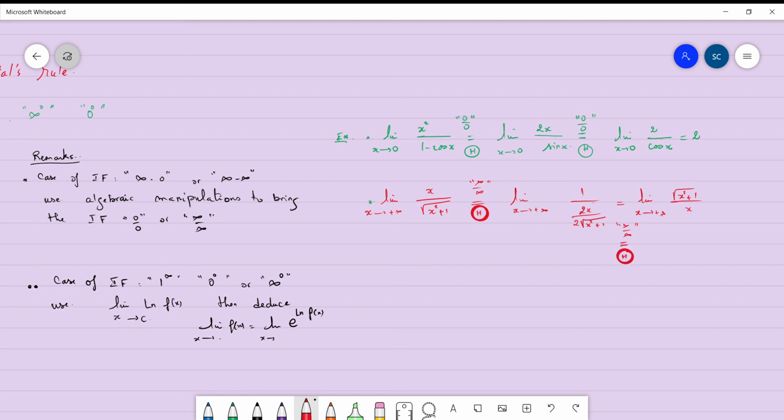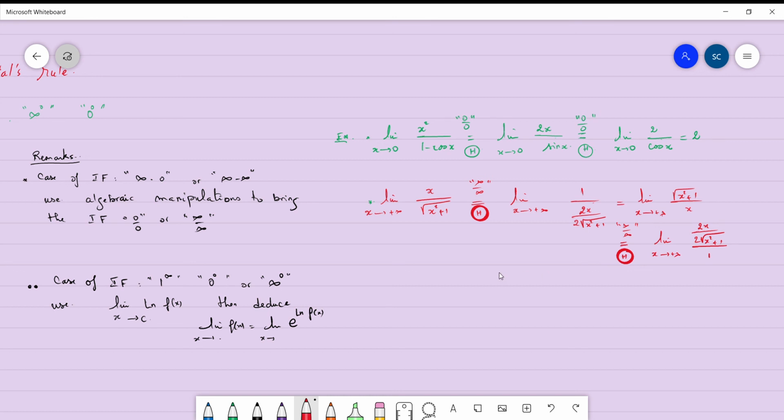The limit will then be equal to x over 2 square root of x^2 plus 1, over 1, as x approaches plus infinity. But then I come back and have exactly the same limit as at the beginning. If I keep repeating, I will get exactly the same thing. So I am not able to conclude because it doesn't stop.